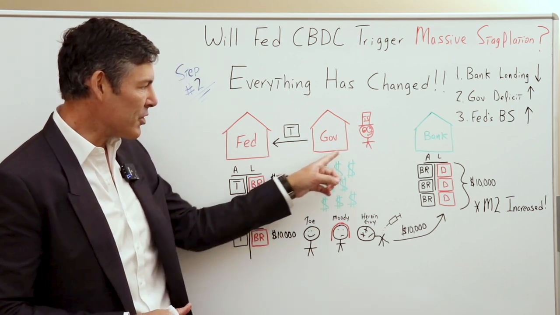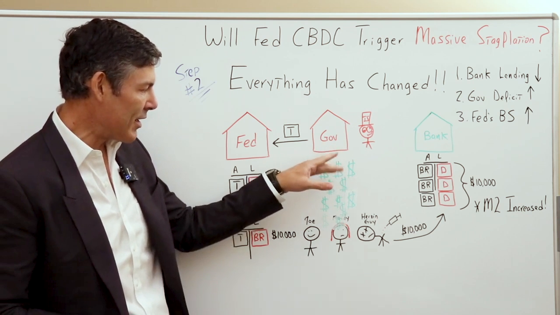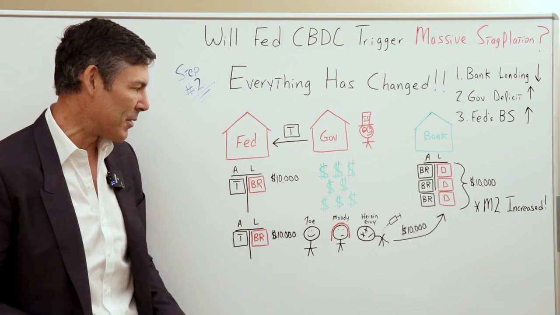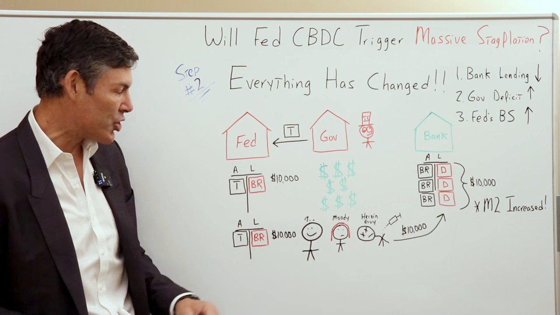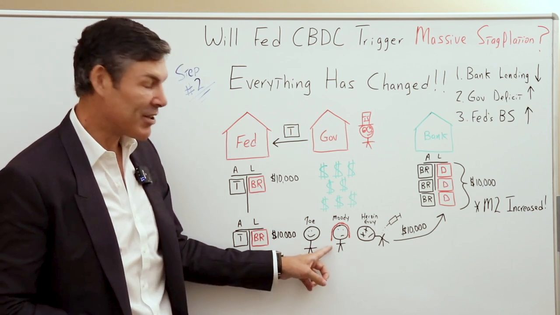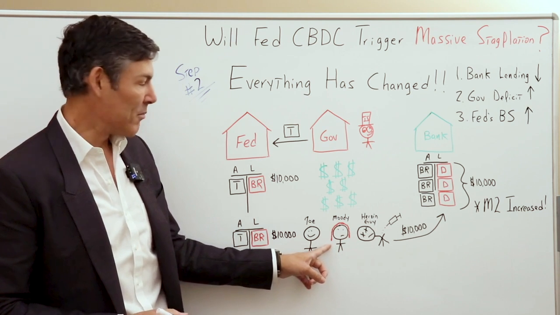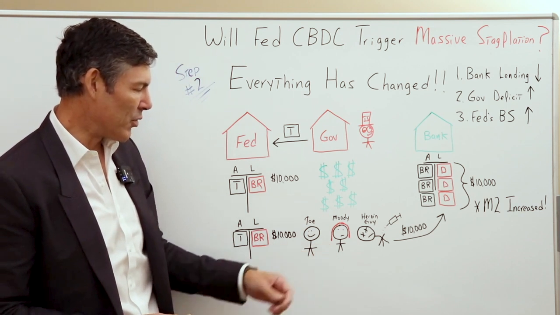So the government comes in, your drunk, insolvent Uncle Sam, and he makes it rain down on the real economy, giving stimmy checks to everyone, the average Joe, Moody the millennial, who now today has red hair because my blue marker isn't working. So my apologies go out to Moody today.